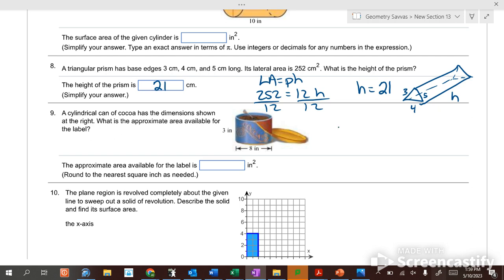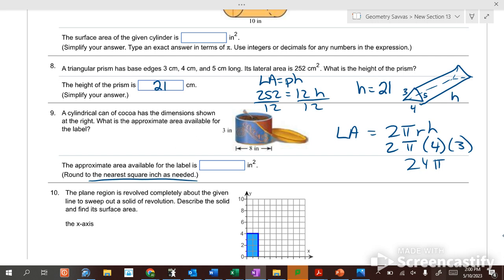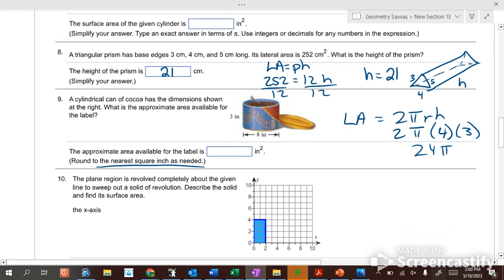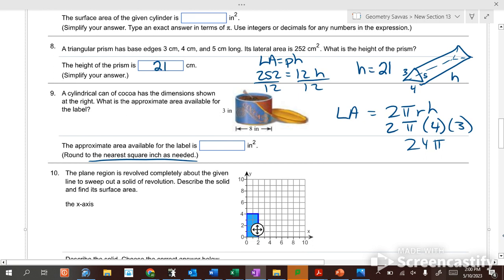It's the lateral area, which is 2 pi r h. 2 times pi times the radius, which is 4, times the height, which is 3, or 24 pi, but they want it rounded to the nearest square inch, so you have to take 24 times pi. So it's 75 square inches, rounded to the nearest square inch.